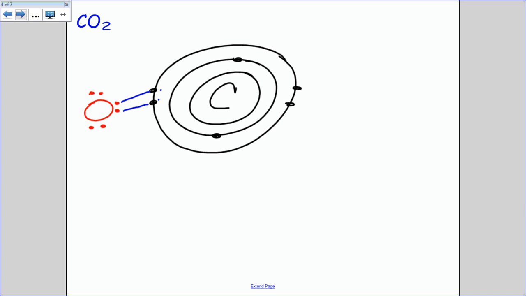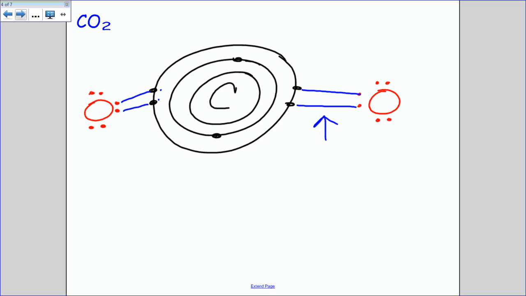Then over here, I'm going to throw in another oxygen. That has 6 total valence electrons. It needs 2 more. Well, it's going to share these with the carbon right here. And now we have carbon dioxide. What we have is a double covalent bond right here.